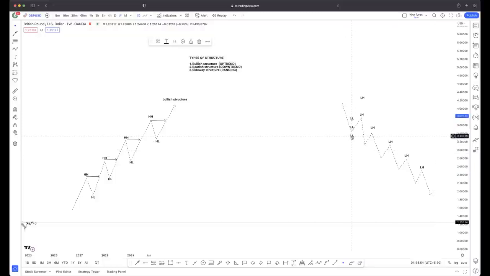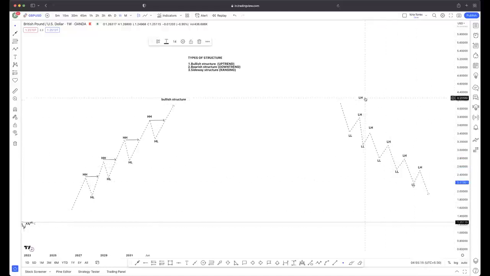We have our lower highs here, lower highs at this point, and then our lower lows also at this point. So basically this is a downtrend structure.